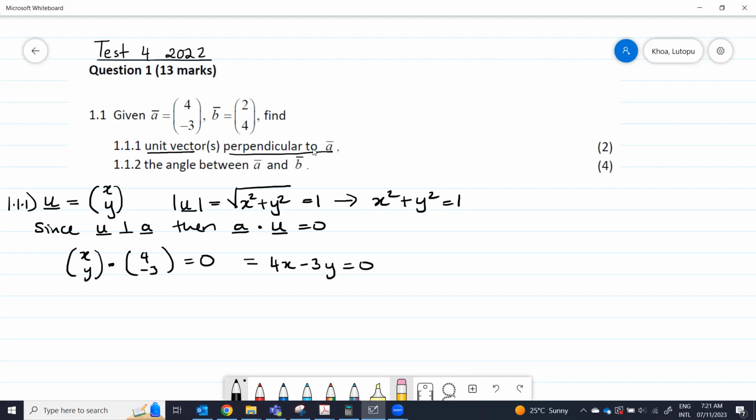So from here, I can make y the subject of the formula. So I have 3y is equal to 4x, and then y is equal to 4 over 3 x. Then I take this and I substitute it in there. So I'll have x squared plus (4 over 3 x) squared, and this is equal to 1.